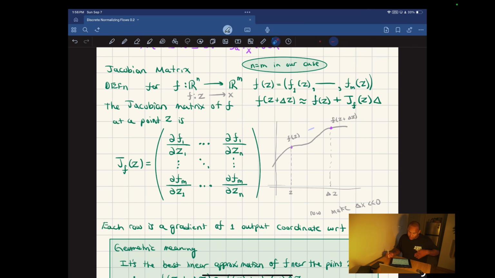Okay. All right, so the Jacobian is component-wise. It's taking the partial derivative of F with respect to Z, and it's component-wise because they're both d-dimensional vectors, okay? So it's the instantaneous rate of change of F with respect to all the directions.